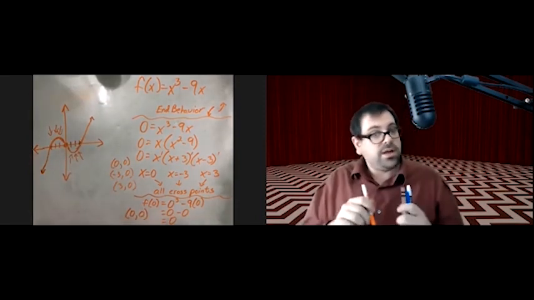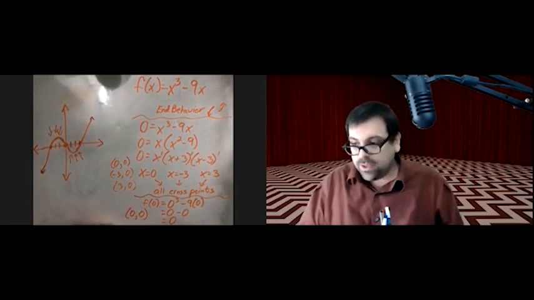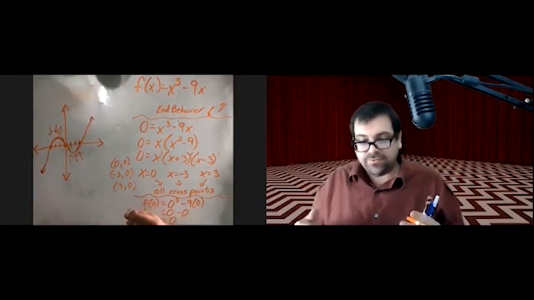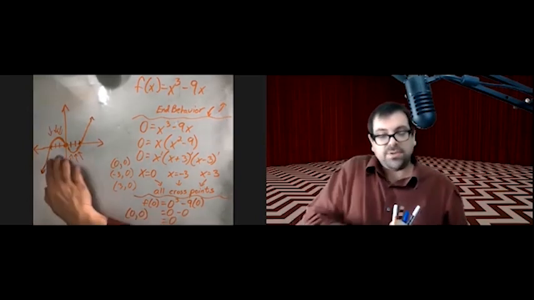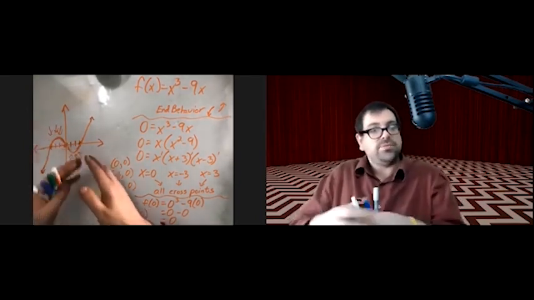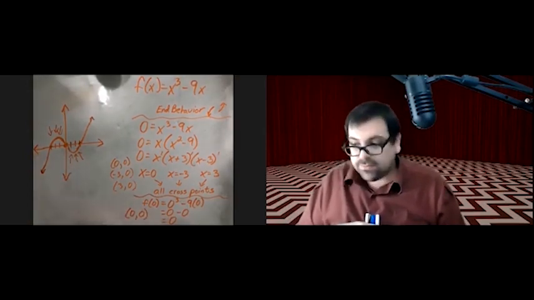And we know how to plug points in. We did that at the beginning of the course a lot. So the more accurate of a graph we need, the more points we have to plug in for x in between, find our y values, plot more points, and draw through.